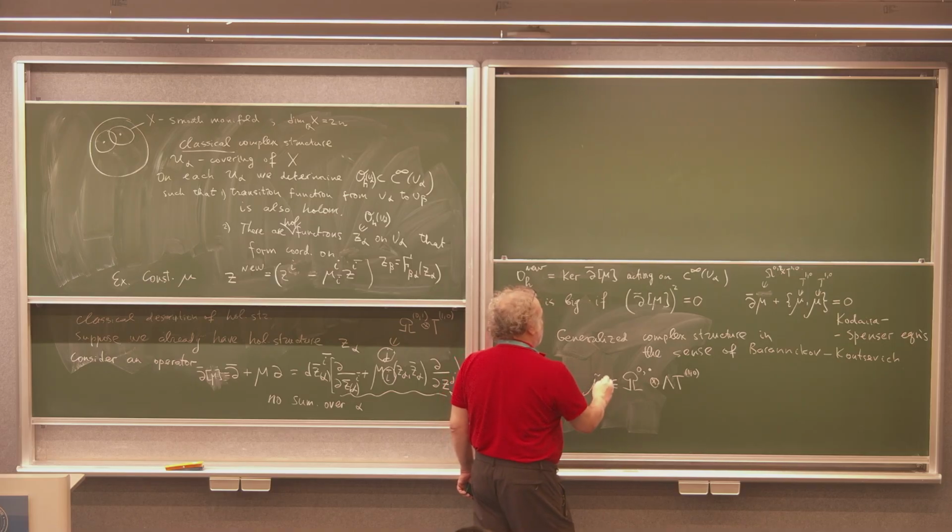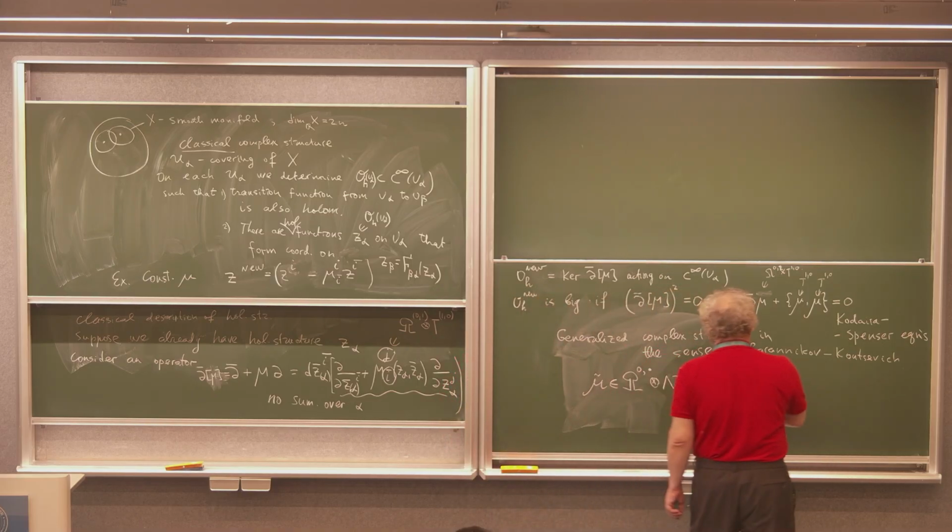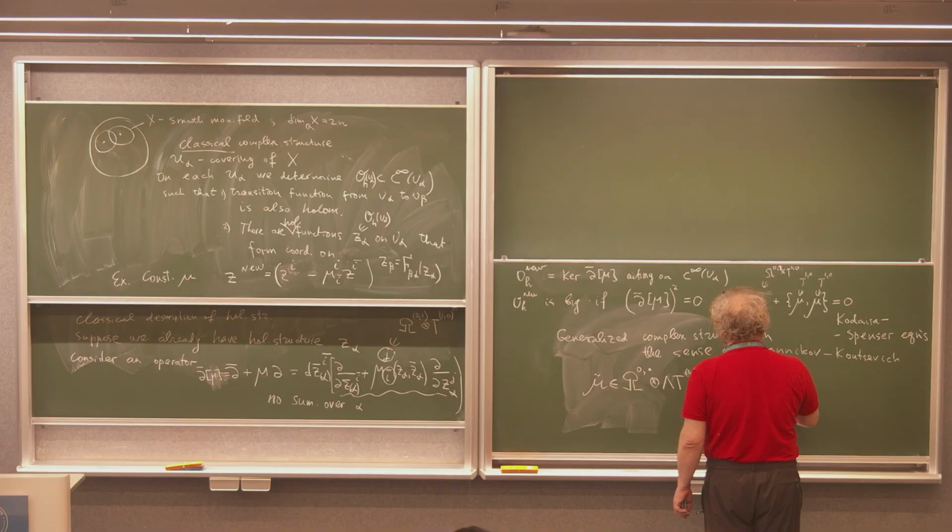You may call it U tilde. So element of U tilde is I bar 1, I bar k, j1, jl.